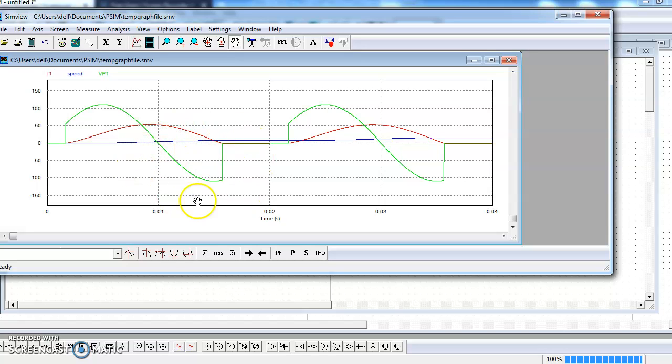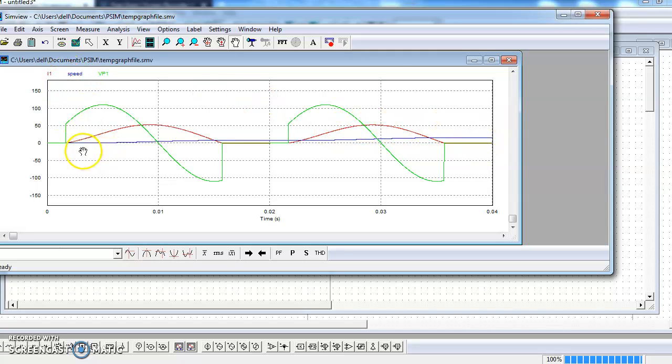But this is an RLE load, so you get this. So this is the armature voltage like this, and the red one is the current. As you know, in an RL load the current increases slowly and decreases slowly, so you get this type of nature.